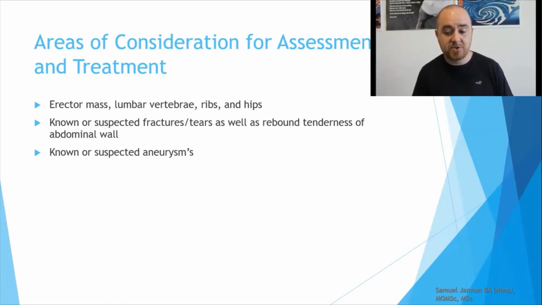As far as things to be careful of or stay away from, known or suspected fractures or tears within the region, be it a possible pelvic fracture, possible lumbar fracture. The tears would also include, at least in the lumbar region, more obviously, the possibility of tears of the annulus fibrosus, which most people will term a herniation or a bulge, rather. So it's a bulge when the internal portions of the annulus begin to tear.